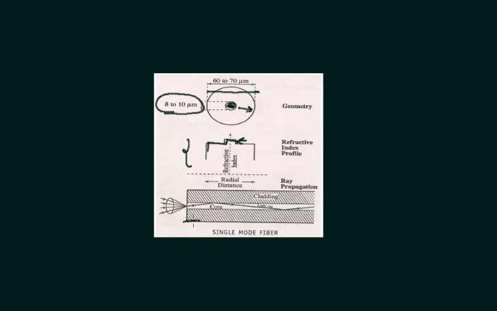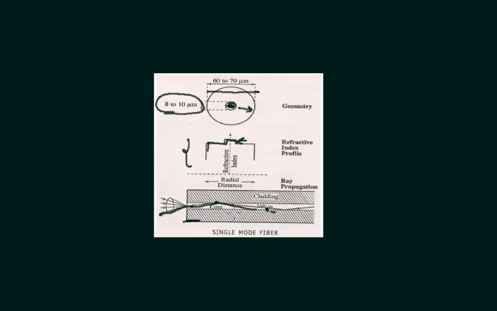Now here, this is an optical fiber, single mode fiber, into which a light ray is entering by following the principle of acceptance angle. So inside the cone only it will go, and here it will undergo total internal reflection. It will come back into the same medium. It will undergo total internal reflection again at the opposite side, and like that it will travel throughout the single mode fiber.